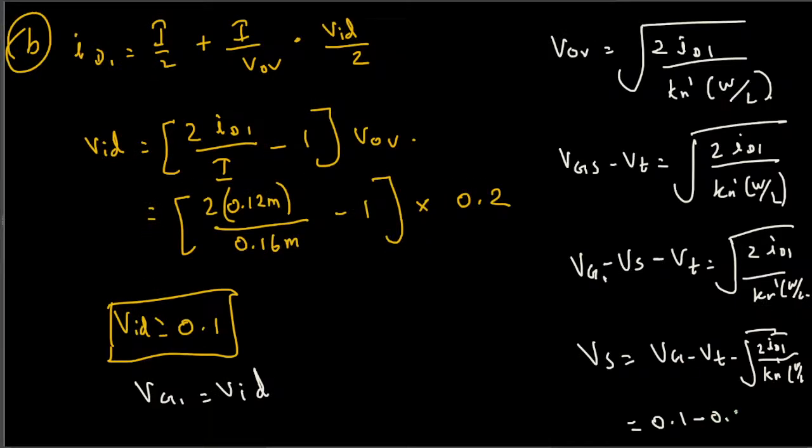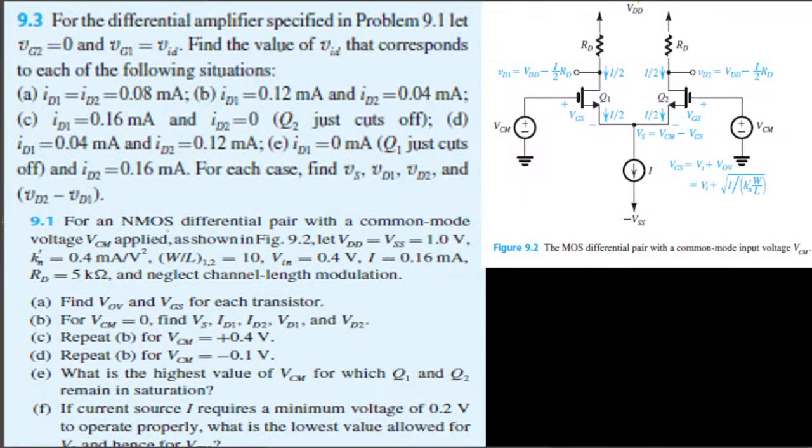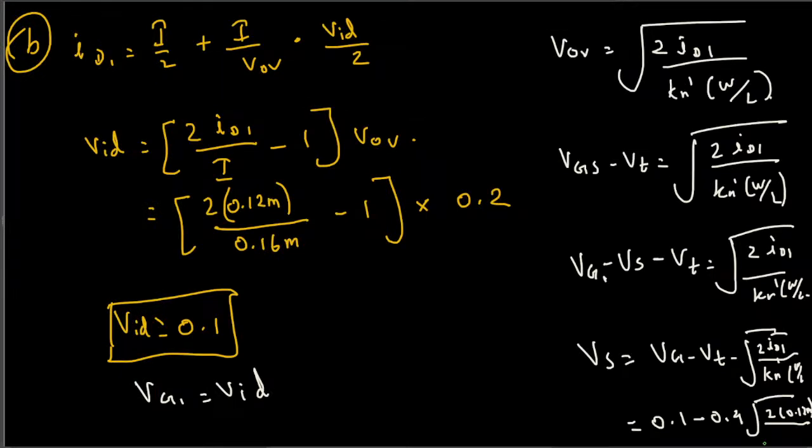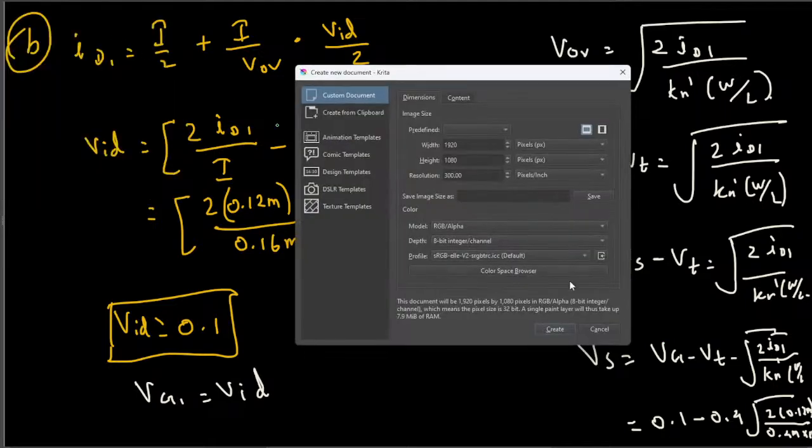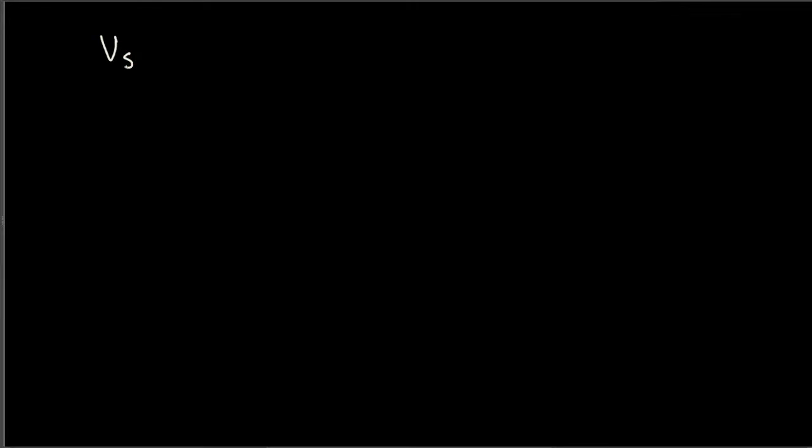Plug that in, and the current we are dealing with is 0.12, so 2 times 0.12 milli divided by Kn prime times W over L. Kn prime is given to us as 0.4 milli, W over L is 10. If we solve for Vs, we will end up getting negative 0.545 volts. Okay, that is our Vs value.